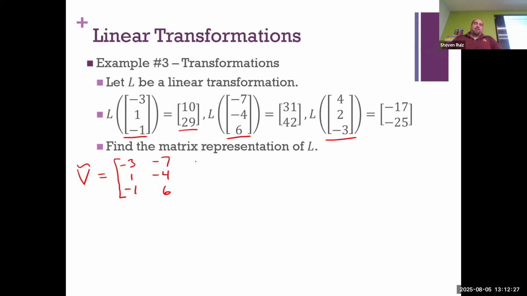How can we make sure that's the case? If you reduce it, what should happen?